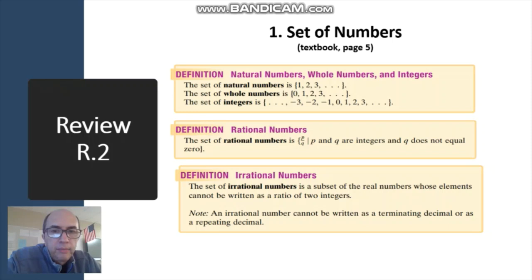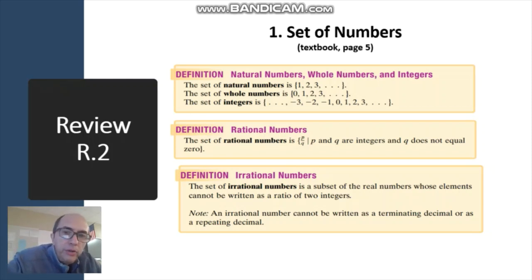This is a way to represent fractions, like half an apple, quantities that are not a whole thing. 3 oranges and a quarter, something like that.